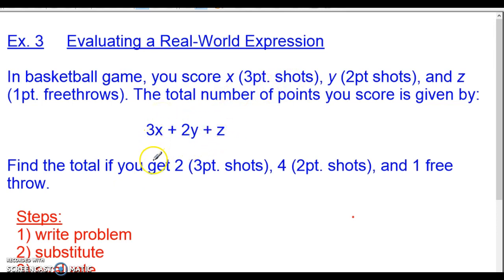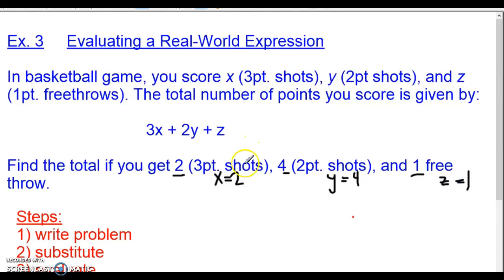Find the total if you get 2 3-point shots, 4 2-point shots, and 1 free throw. So the 3-point shot was represented by x, the 2-point shot by y, and my free throw by z. So this tells me that x equals 2, y equals 4, and z equals 1.